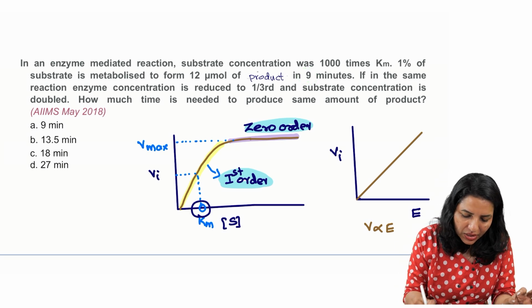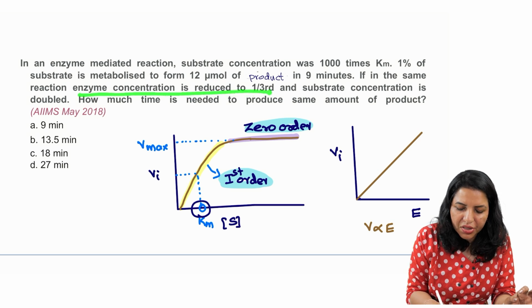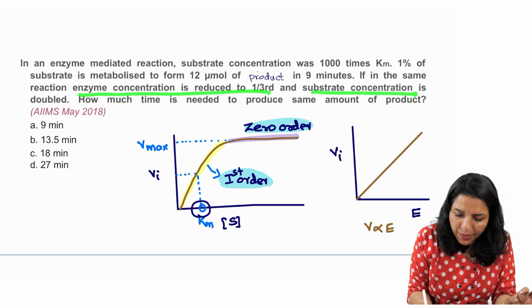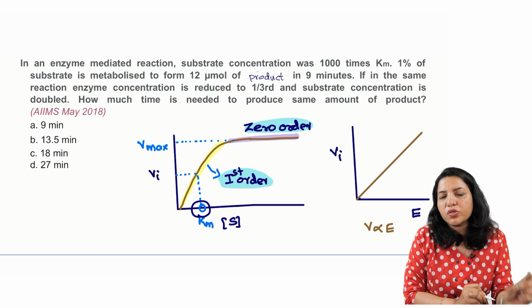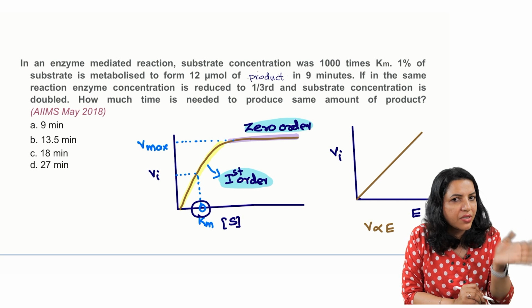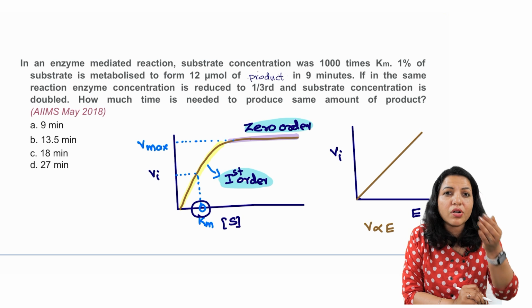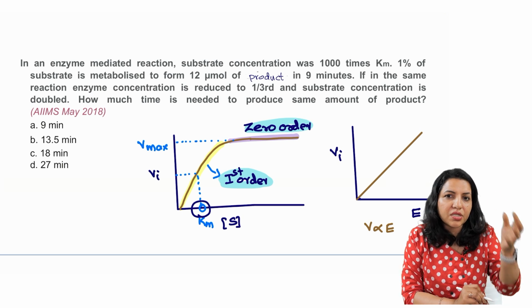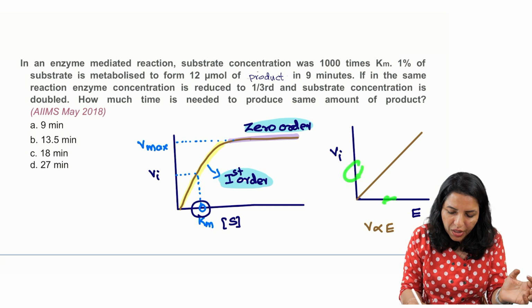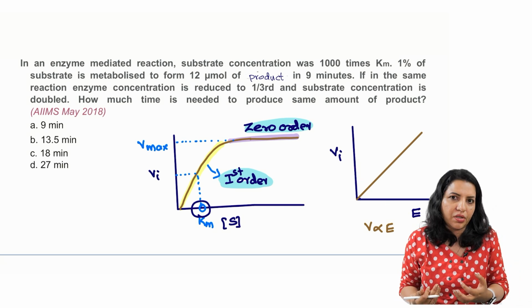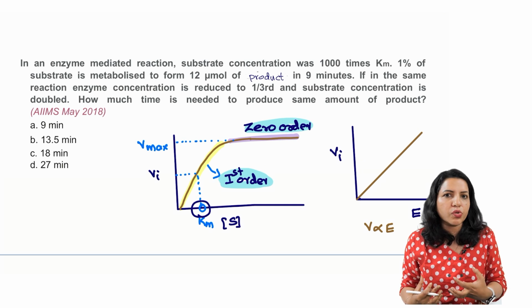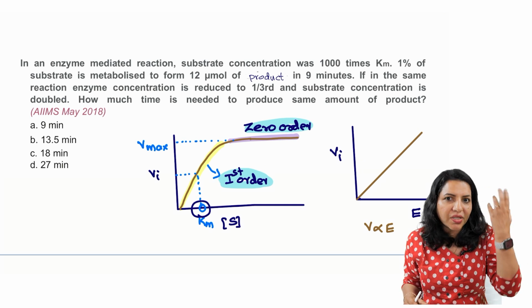First change is in the reaction mixture, the enzyme concentration is reduced to 1/3 and the substrate concentration is doubled. So substrate concentration doubled means, is it going to increase the velocity in any way? No. Now enzyme concentration is 1/3 means the velocity should also be reduced to 1/3. When velocity is reduced to 1/3 means what will be the time taken?